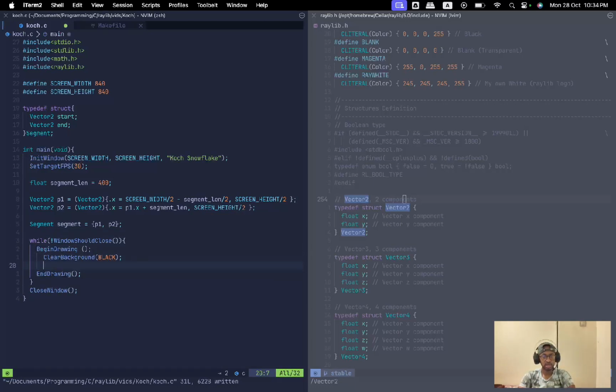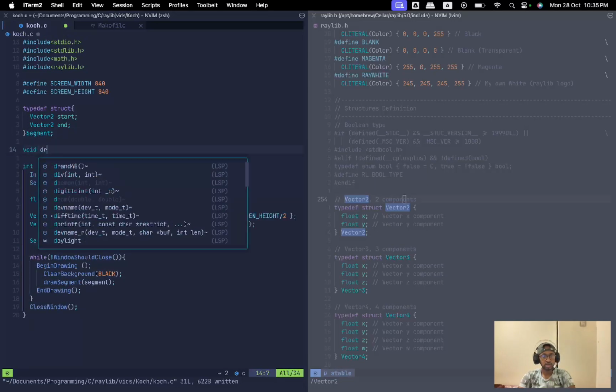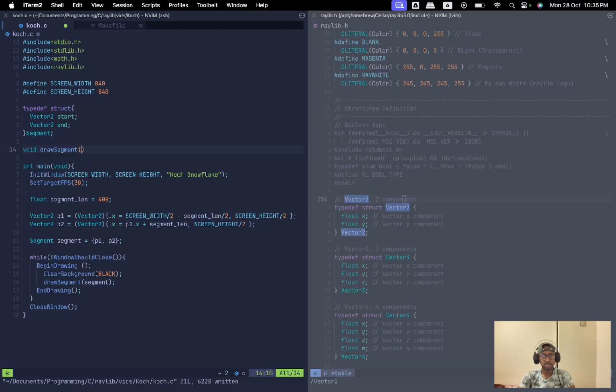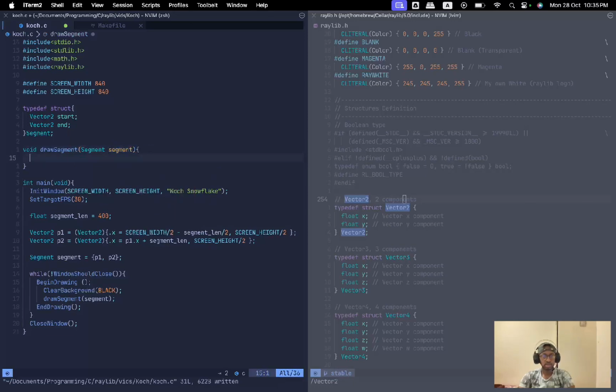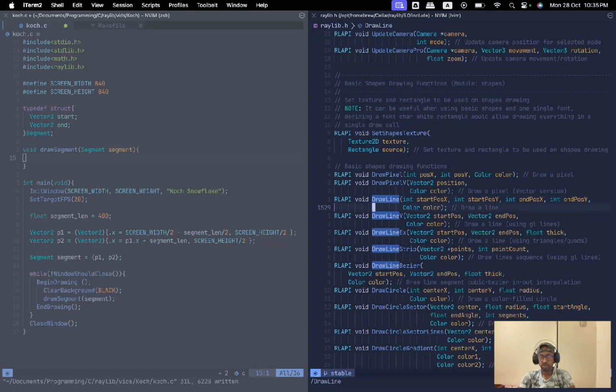Okay, great. Now I want to render the segment here. So let's create a function called draw segment. It will take a segment and it will render it. So let me create a function here. So let's say void draw segment. It takes a type segment and it just basically draws it. So to draw a line, we have a draw line. I think we have a draw line function here already.